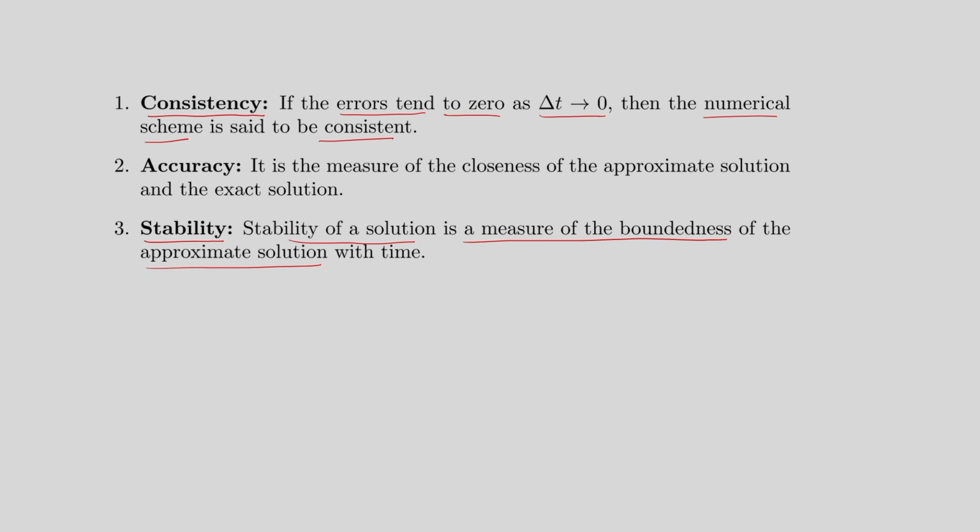Your approximate solution is getting far away from your exact solution. The error is increasing with time, so your approximate solution will blow up, go far away from the exact solution, and will not be bounded.